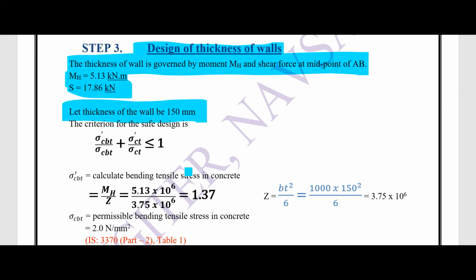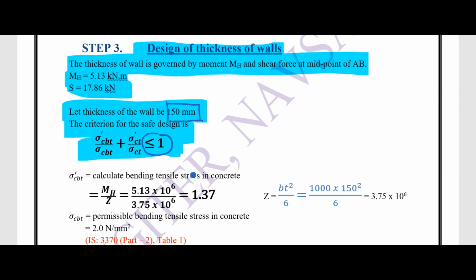Now we have one criterion in the IS code: sigma dash CBT divided by sigma CBT plus sigma dash CT divided by sigma CT. This value should be less than 1. At that time the 150 mm thickness will be safe.